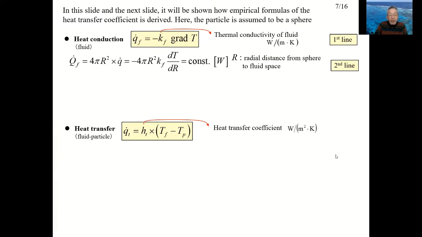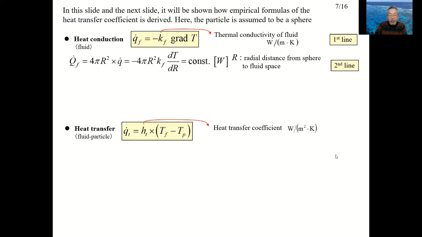Please note the symbol large r. Symbol large r is the radial distance from the sphere to the fluid space. The large Qf dot is the heat quantity per time from the hot zone to the cold zone when the fluid does not convect. Large Qf dot is constant because it does not increase or decrease in the fluid.